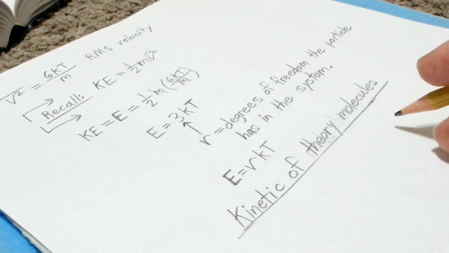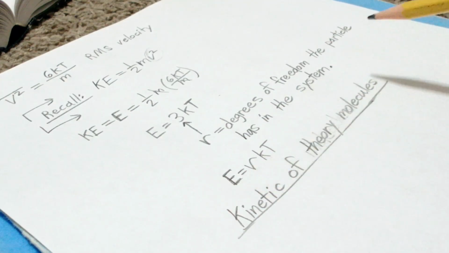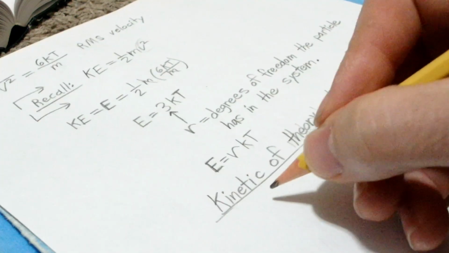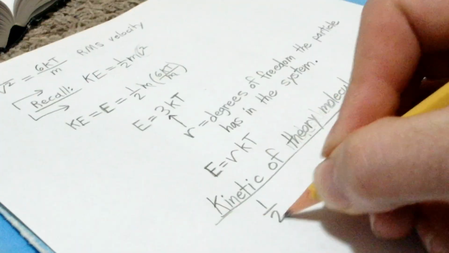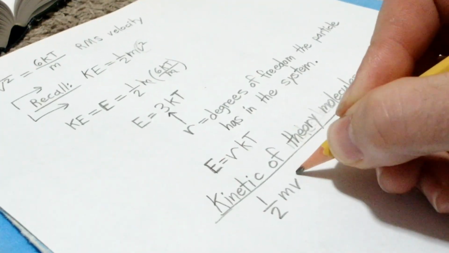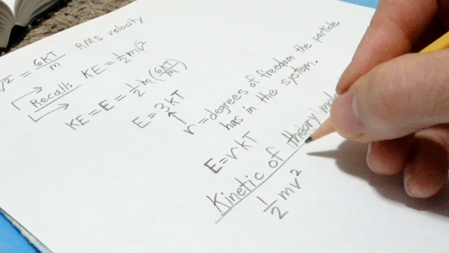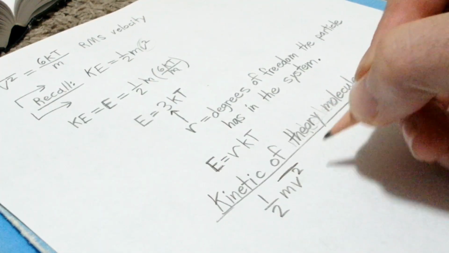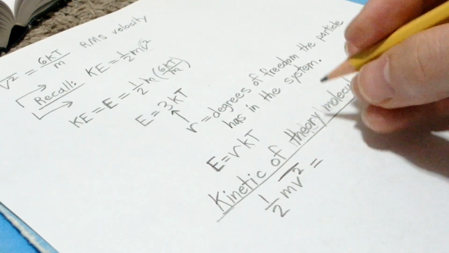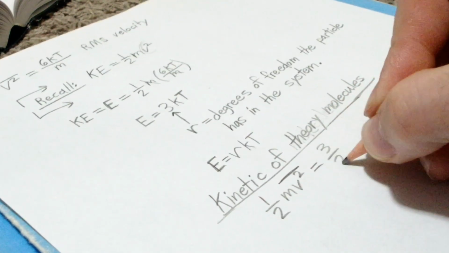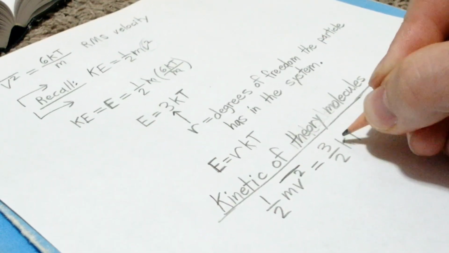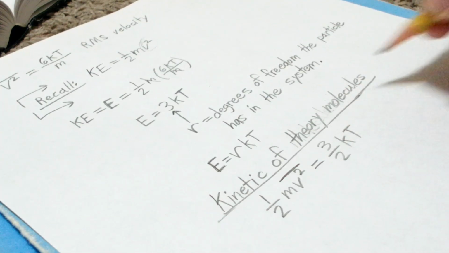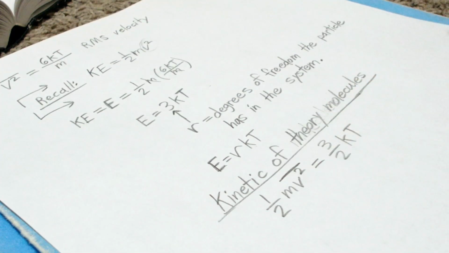This is the kinetic theory of molecules from here, which you may have seen written as 1/2 m v squared, the kinetic energy, the RMS velocity, is equal to 3/2 kT. The 3 here tells us there are 3 degrees of freedom.